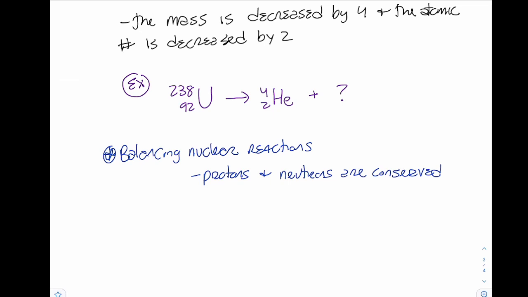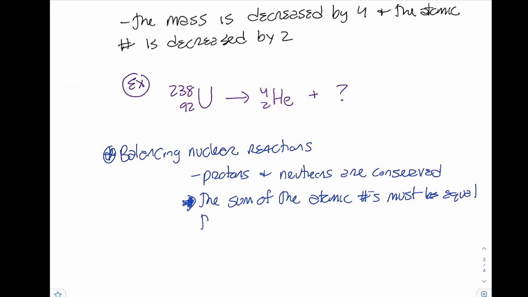So essentially, the sum of my atomic numbers needs to be equal on both sides of my equation. And then the sum of the mass numbers must also be equal.